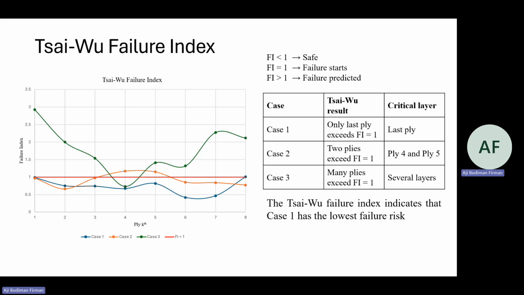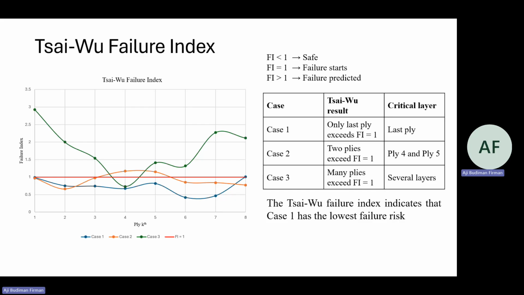The deformation results show the global stiffness of the vessel, but they don't indicate whether the composite layers are safe. Therefore, the Tsai-Wu failure index was evaluated to identify the critical ply. In this graph, the red line represents a failure index equal to 1, which is the limit for failure.